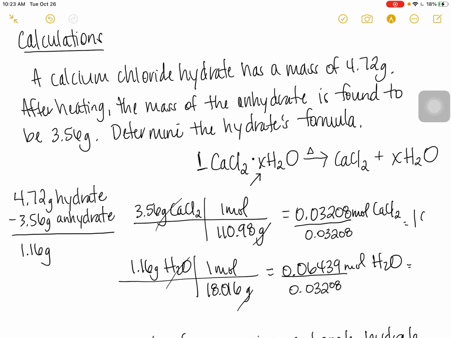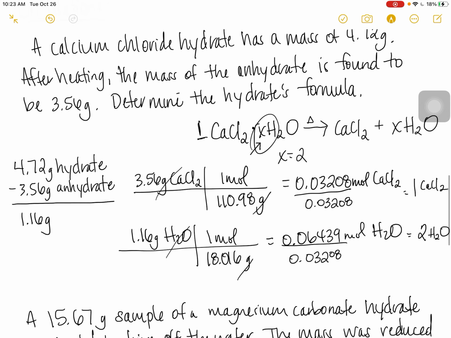And we end up with 1 calcium chloride to 2 H2Os, okay? And so what that means is that X is equal to 2. So if X is equal to 2, then my formula is, I'm out of room, I'll come over here, is this. And this would be calcium chloride dihydrate.